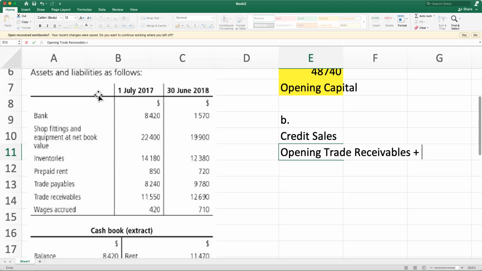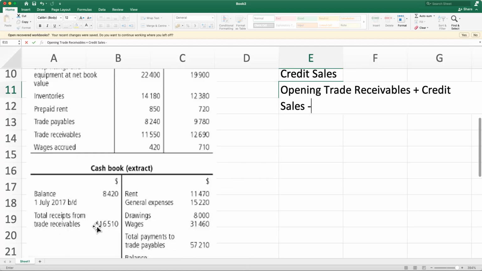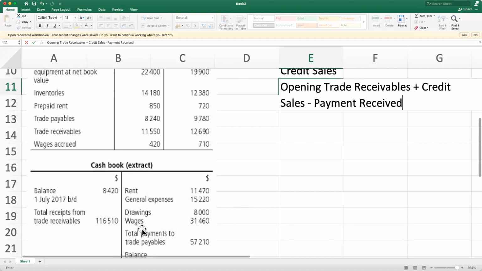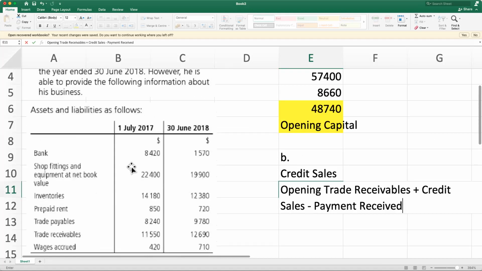What will affect my trade receivable is credit sales, which we need to add, so it increases my trade receivable, and I will have to minus off the payments that I have received. These are your payments received. Is there any discounts here? No. And that's it. Once we get to here, we can get our closing trade receivable.